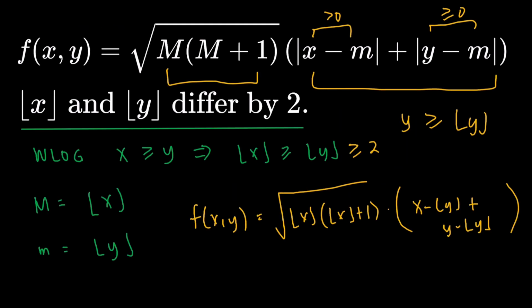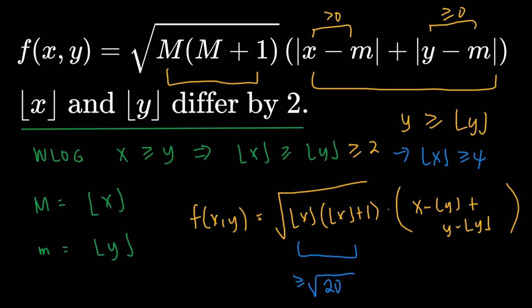But that's telling me that floor of x, based on my testing of the case here, would have to be greater than or equal to 4, because the floor of x and the floor of y differ by 2. This means the first part, if I take the minimum possible value, let's say floor of x is 4, would be greater than or equal to the square root of 4 times 5, so 20.